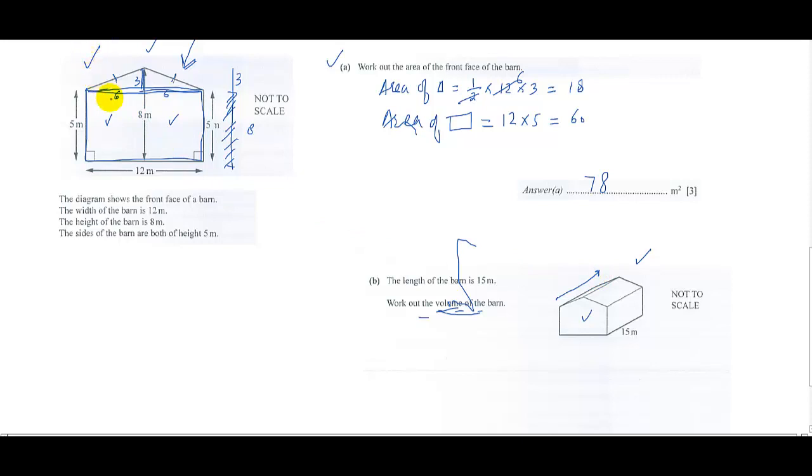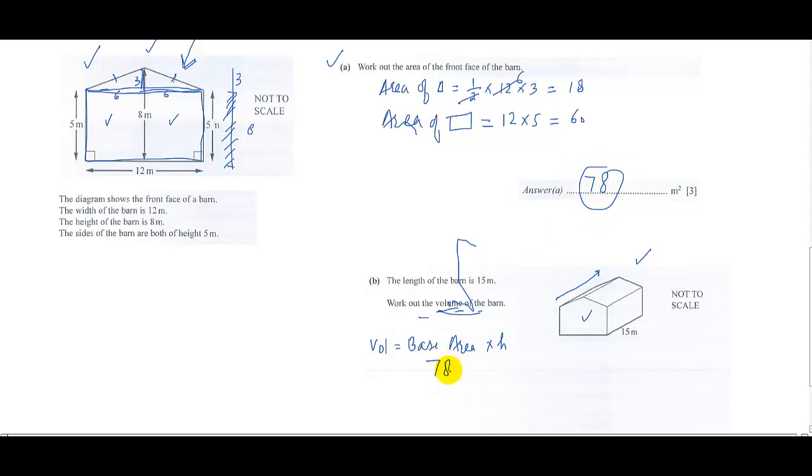So the volume of the prism is basically base area times height.